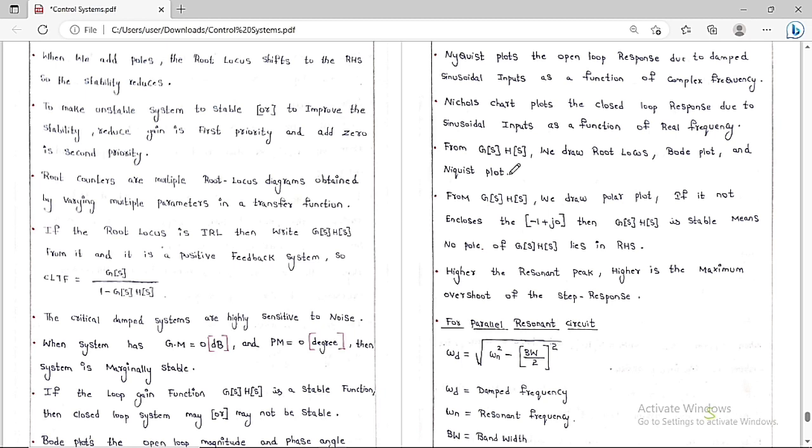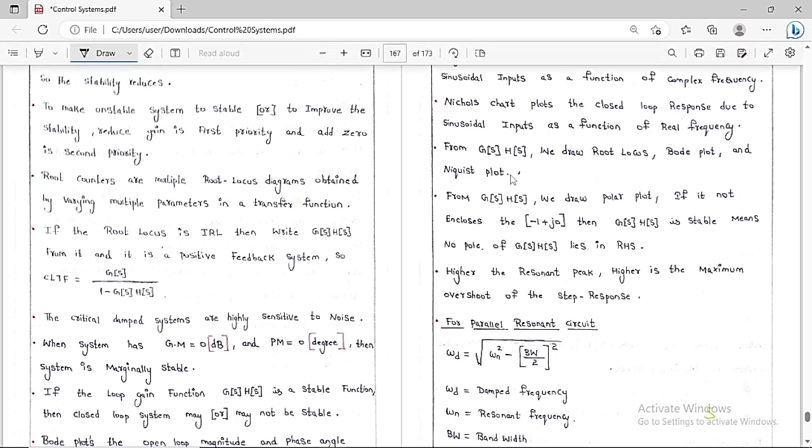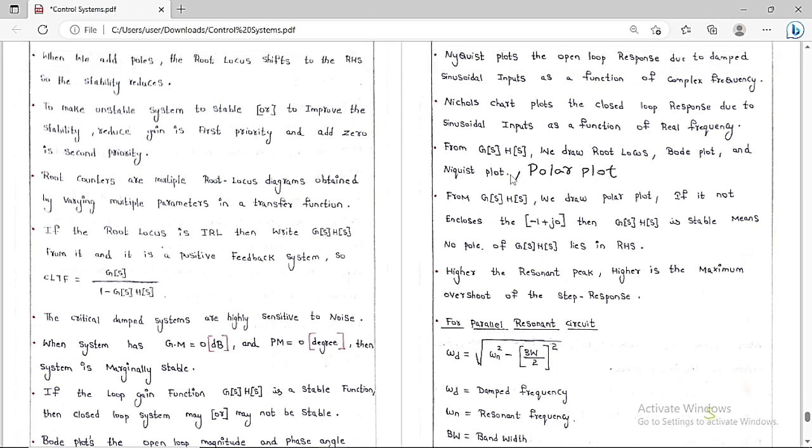Even the polar plot we draw from this one only, because a combination of polar plots is nothing but the Nyquist plot. So let me write here polar plot also. Therefore, from the open loop transfer function G(s)H(s) only, we are drawing the root locus, Bode plot, Nyquist plot, as well as the polar plot.